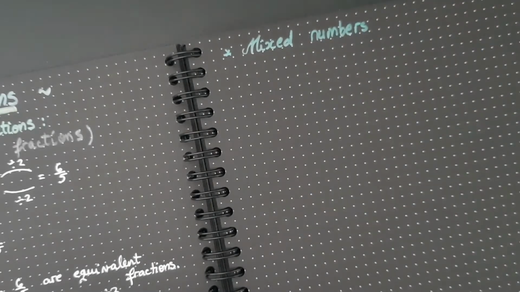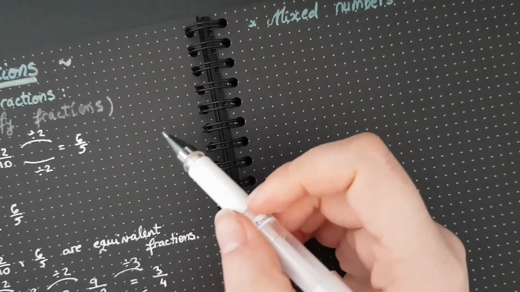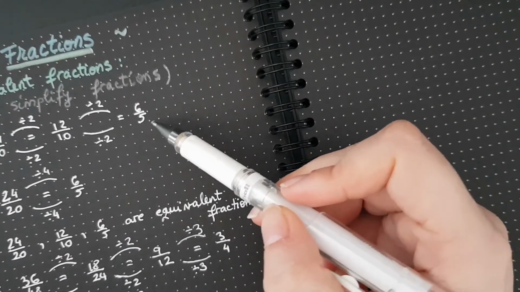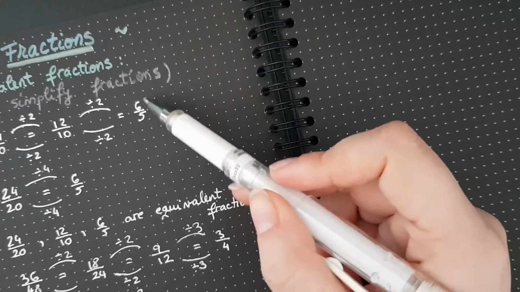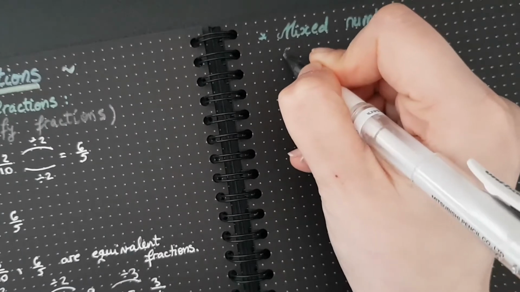These are fractions that are considered top heavy, which means the numerator is bigger than the denominator. I can still simplify something in the end. So this is something like 6/5, which is the first one I'm going to use.